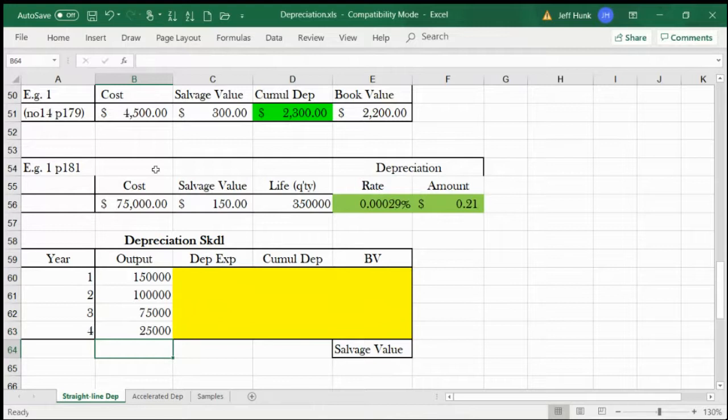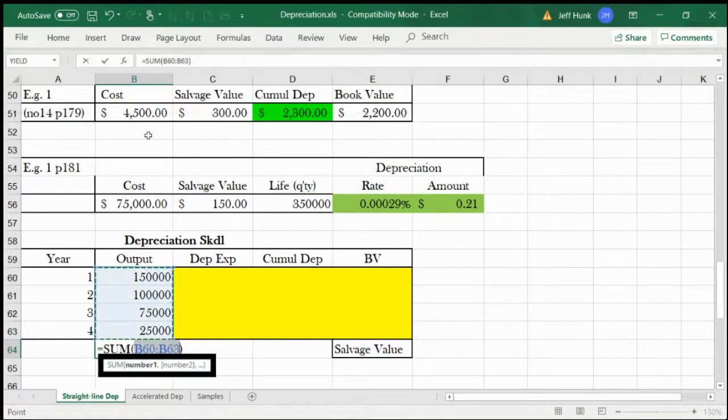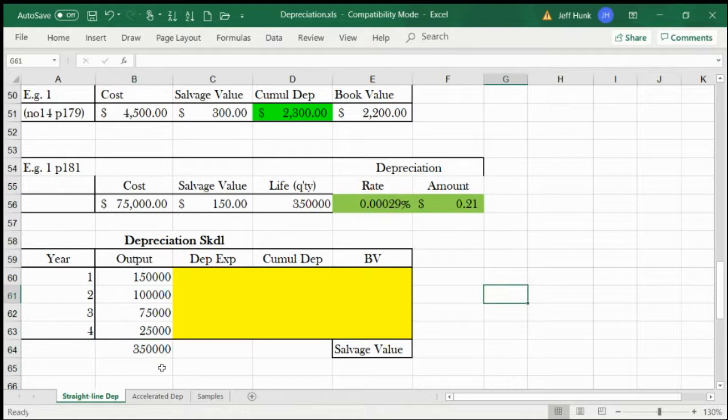Let's see if it is. It could be just annually, it could be random, right? Annually the output level could be random, but let's see if it adds up. Yes, this is just an artificial example, so it is bound to add up. It was designed to add up.